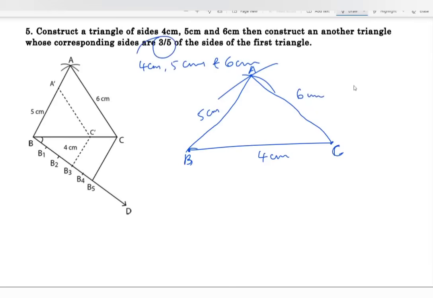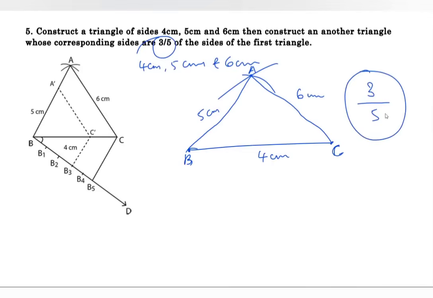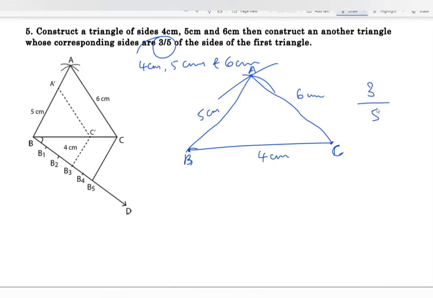Now students, what is the given ratio? It is 3 by 5. In the given ratio, many of the students do mistake here. Which is the highest number, 3 or 5? 5 is the highest number. From the point B, draw an acute angled ray line.